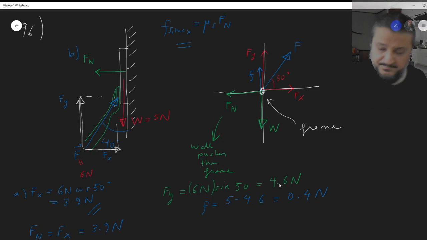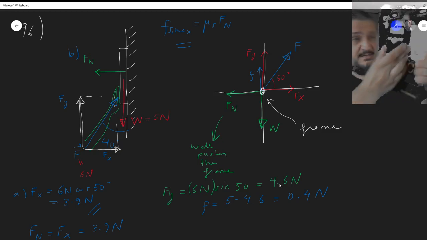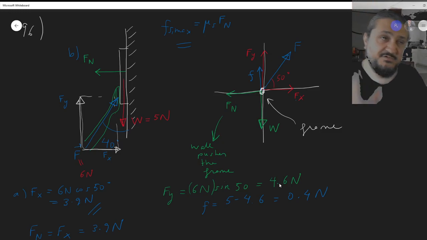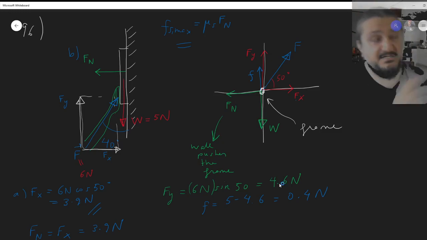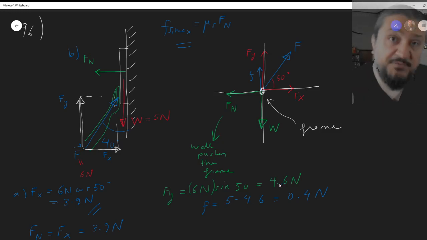So it just depends on the force I exert. If I increase the force, the friction force is downward. If I decrease the force I exert, the friction force wants to help me to keep the object in place, and it's upward.